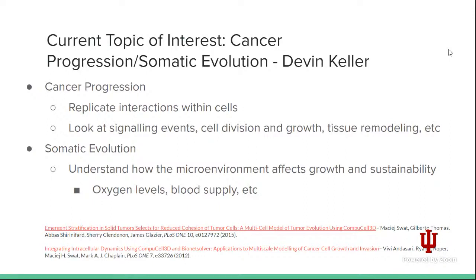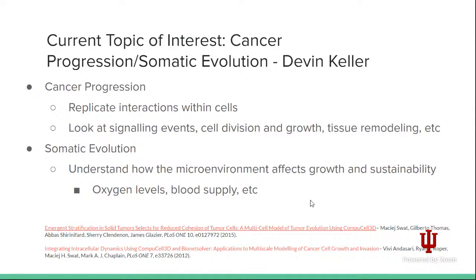So I want to replicate those interactions within the cells and then look at signaling events, cell division and growth, and tissue remodeling, along with some other factors. And then somatic evolution, which is basically how the tumors respond to their microenvironment in whatever localization they're in. Some examples of that might be oxygen levels and blood supply of the tumor.